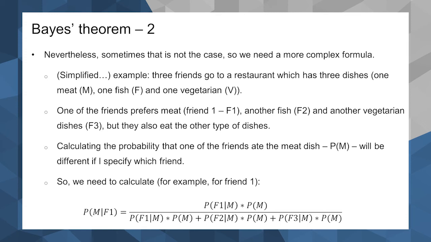And then to calculate the probability that we had a meat dish given that it was friend 1, we look at the situation where we got friend 1 and meat dish. So what we got in the top is friend 1 and meat dish. At the bottom in the denominator, probability of meat dish. And that's what Bayes' theorem is all about.